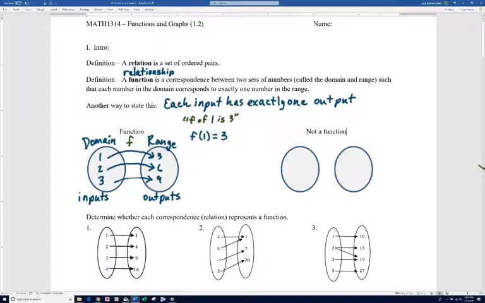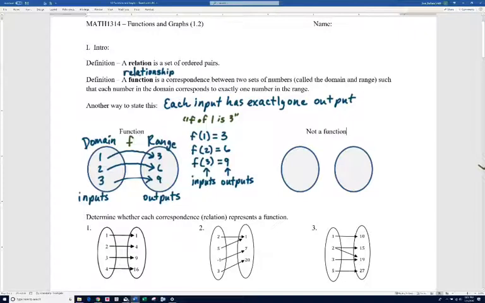So it's also true that f of 2 is 6, we can see that here, and f of 3 is 9. Again, you can see we have inputs and we have outputs. It's a very important part of a function. Inputs are in the domain, outputs are in the range.